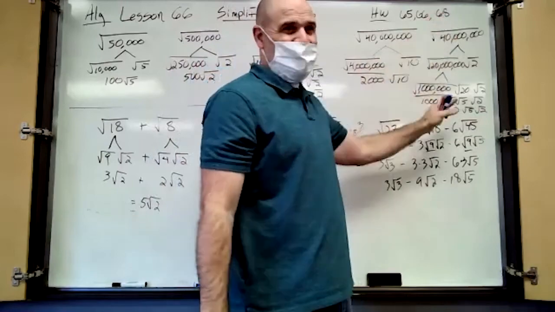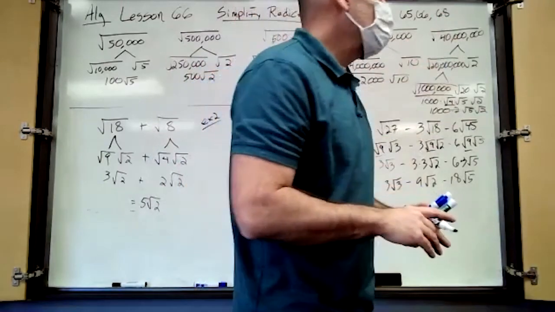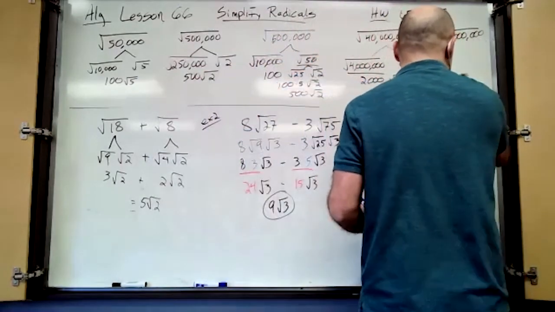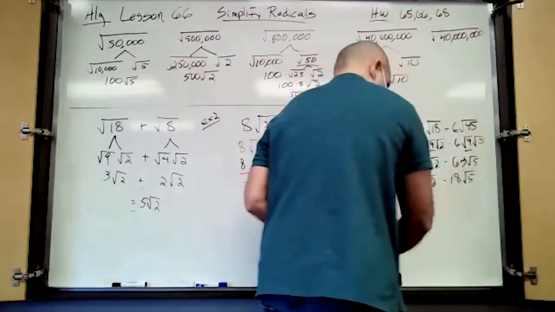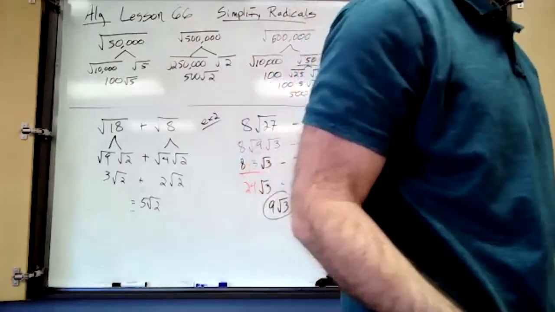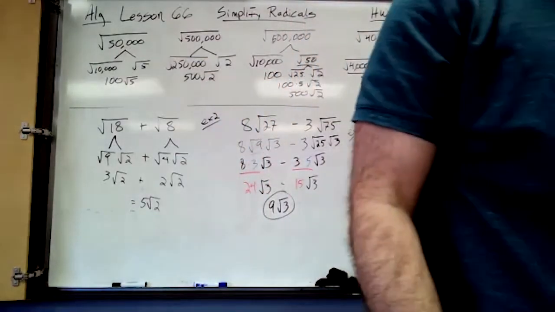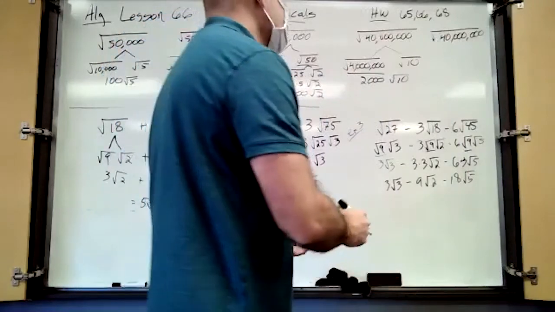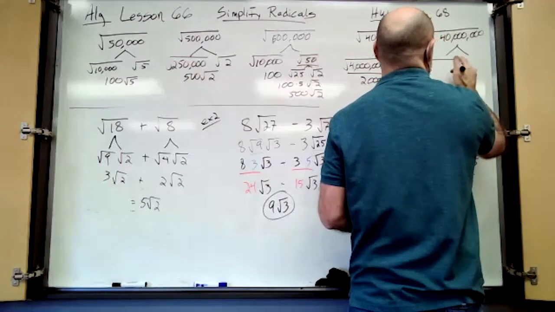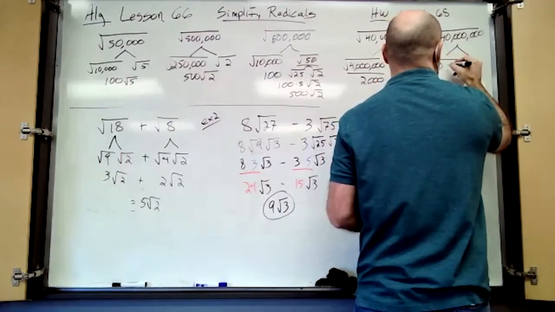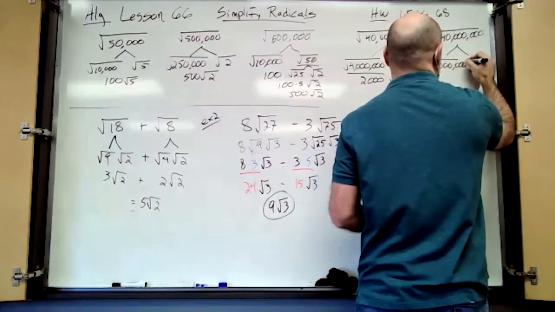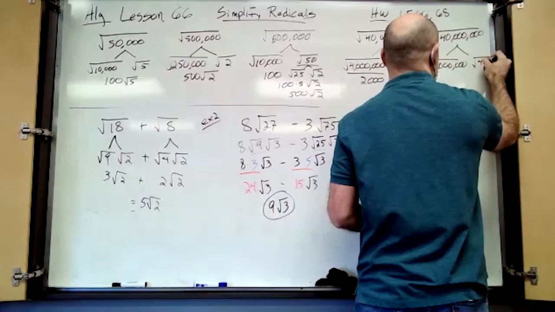Now, this one got confusing because you didn't get a perfect square. Now, don't worry about the 4. Let's try it this way. What if we just did this instead? Because the easiest squares are like 100, 10,000, 1 million, okay? Those are the easiest perfect squares. So I'm going to take 1 million out of this, all times the square root of 40.